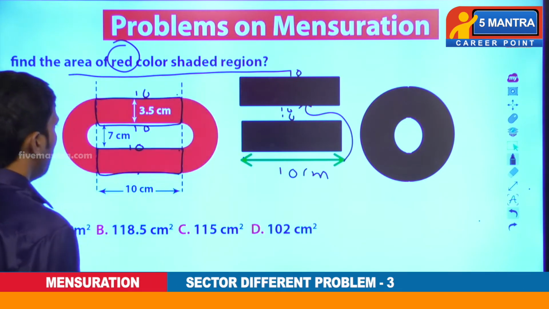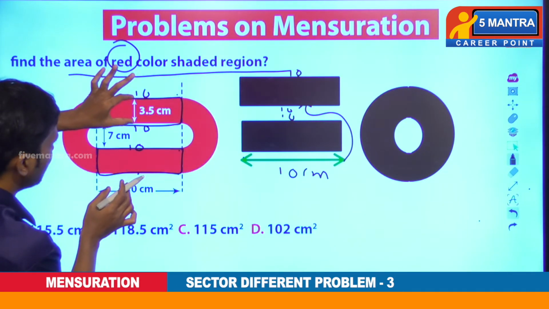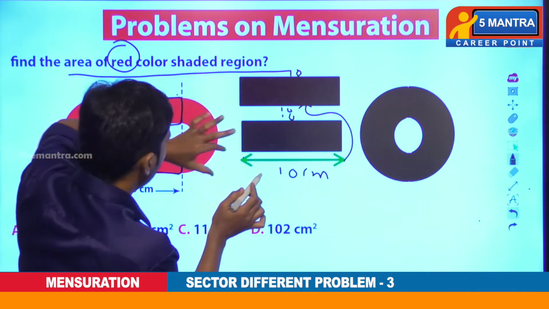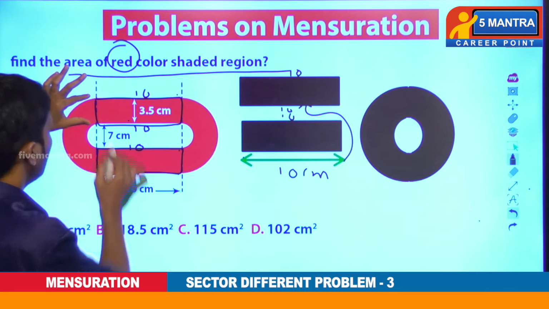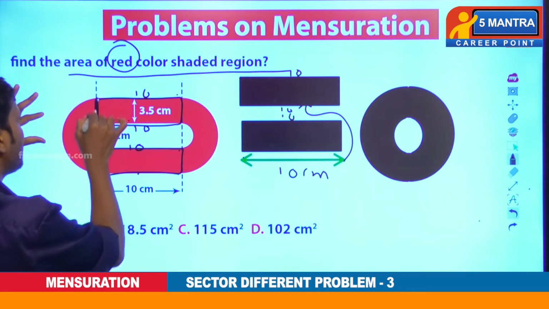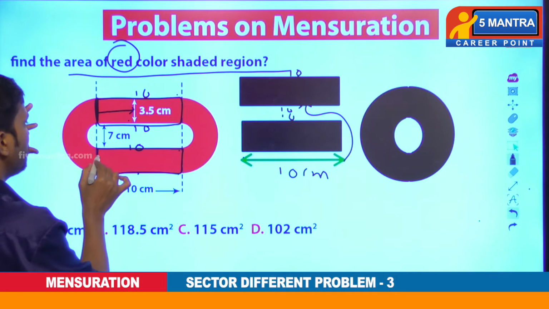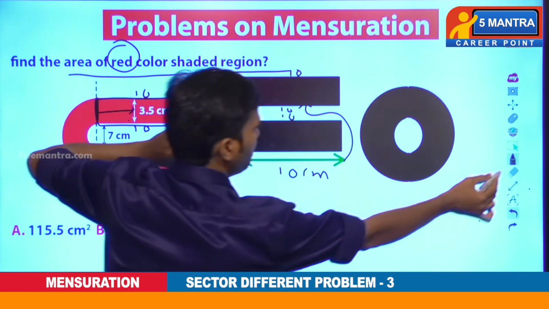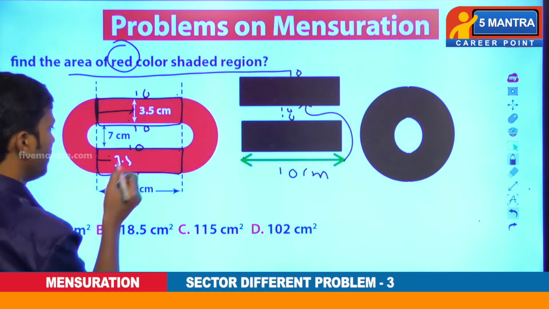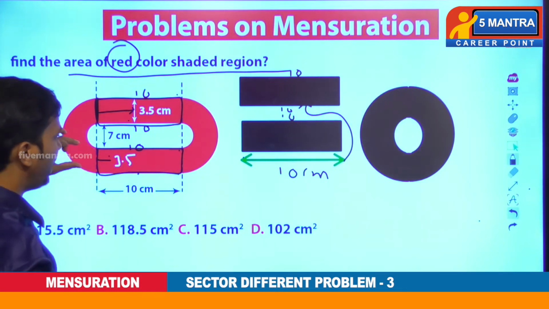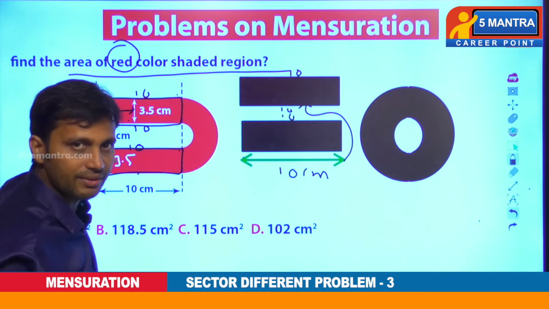Now coming to the width, which is given. The width of this entire circular ring as well as the width of this rectangular part, this width is how much? 3.5 or not? So here also this would be 3.5, this also would be 3.5. Getting my point or not? And what does it represent in the given diagram?